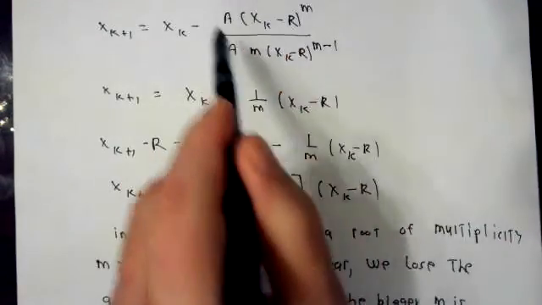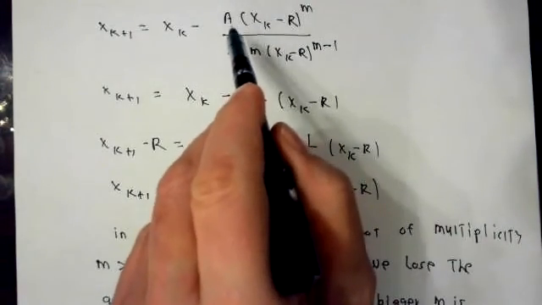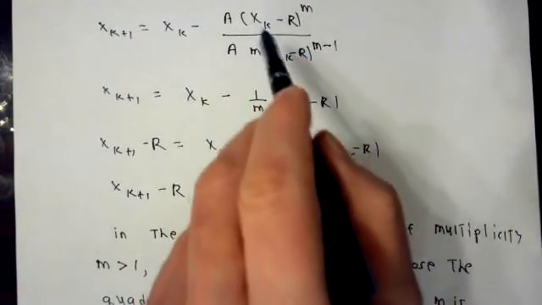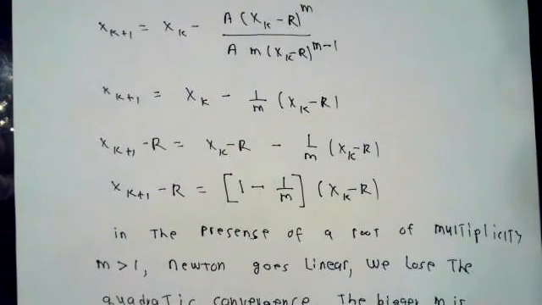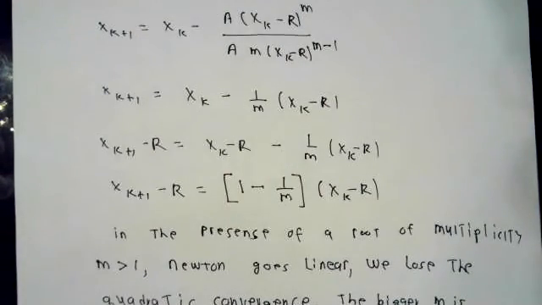Well, it isn't good. The function that I'm examining is a multiplied by x minus r to the m. So the top of this fraction is the function value, f at xk. The derivative of that: this is a constant, this is x minus r to the m power. The derivative is m times x minus r to the next lower power, and then I have to evaluate that at xk. So this is literally Newton's method on my trial function here.